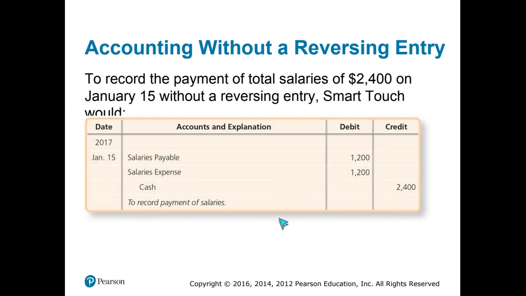And then to record the payment of total salaries of $2,400 on January 15th, if we're not using a reversing entry, we would debit salaries payable, debit salaries expense, and credit cash. And this is to record the payment of salaries.